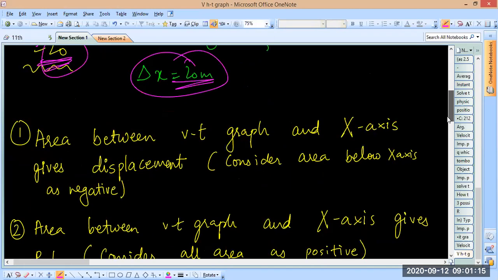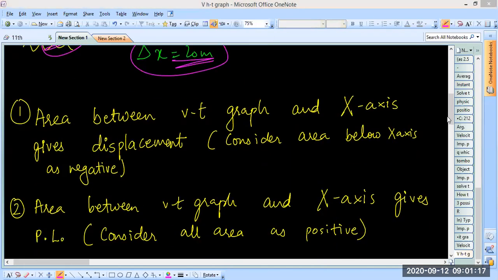That's why we are writing it here. No, Ankita, even in 2 point, it will not be XT graph, right? It has to be VT graph only.